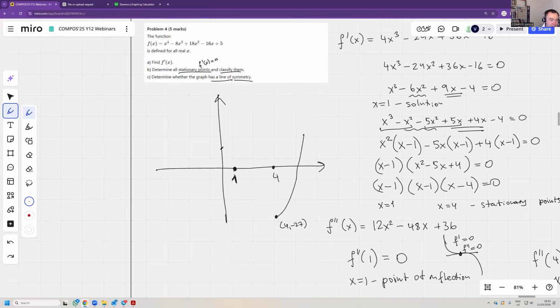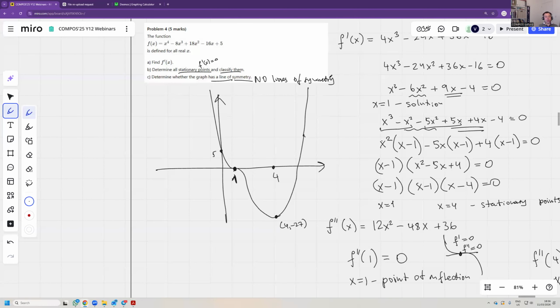It goes through 0, 5 as well. Something like this. And we can definitely tell that this has no lines of symmetry. And this is proved by the graph, right?